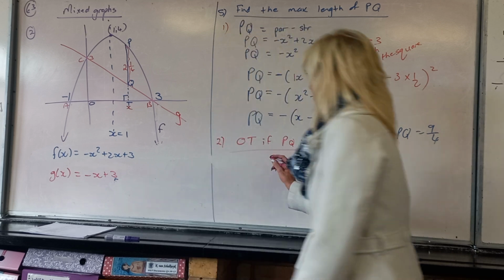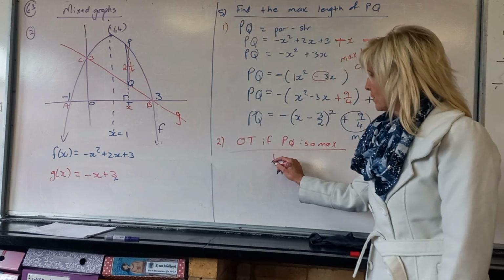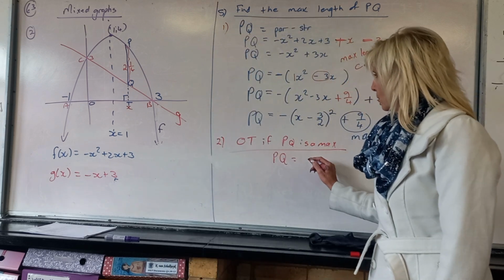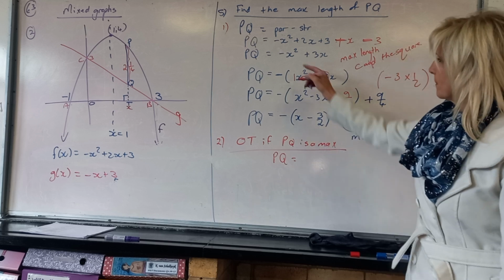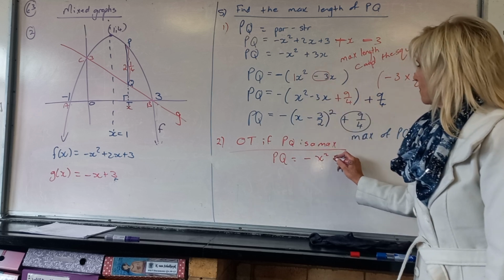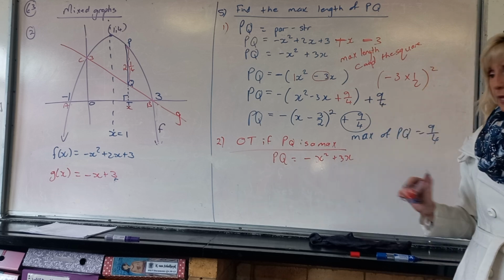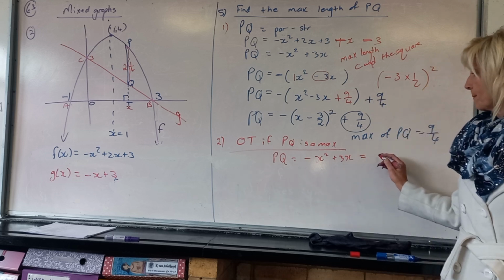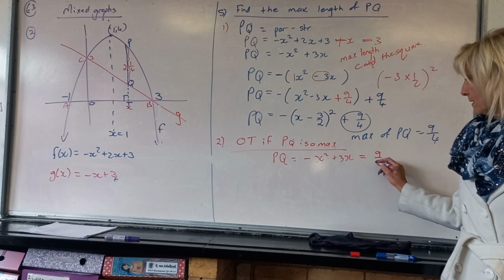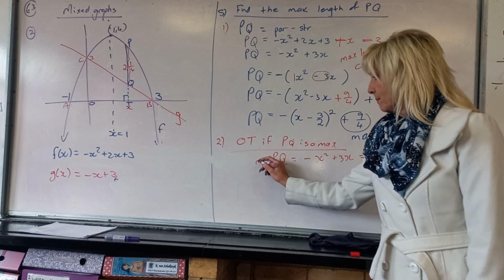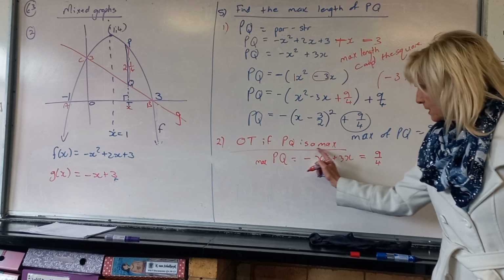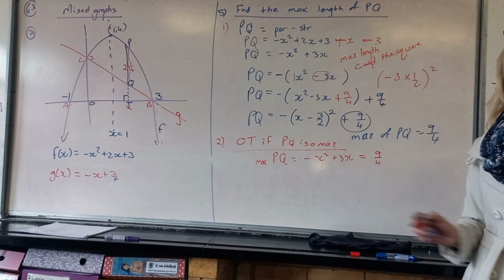So for OT, if this is a maximum, then I know that PQ, which was originally negative x squared plus 3x, before I started doing this whole thing, was equal to 9/4, because that's the maximum of PQ. So that's PQ's expression equal to 9/4.